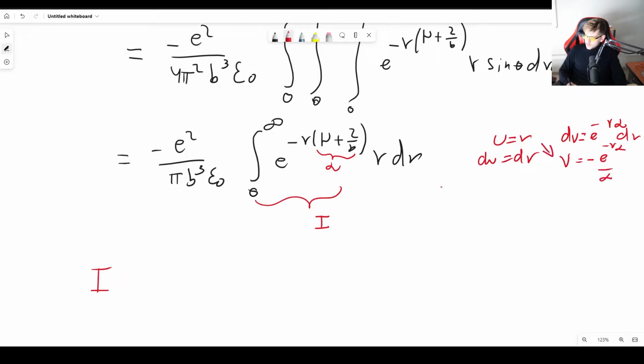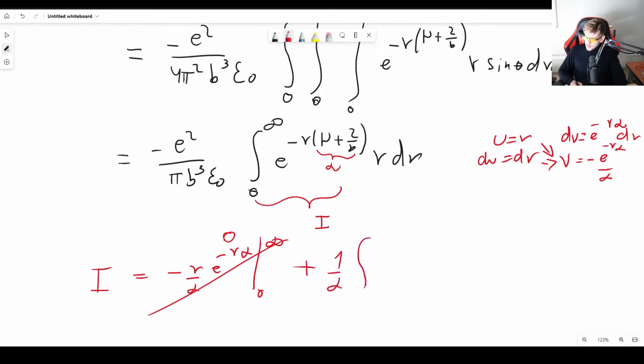So the first part of the integral will be the product of those two. So we get minus r over alpha e to the minus r alpha between 0 and infinity. This is 0 once again, 0 at infinity and 0 at 0. Minus this product, so we get a plus 1 over alpha integral from 0 to infinity of e to the minus r alpha dr. Now this is quite a simple one.